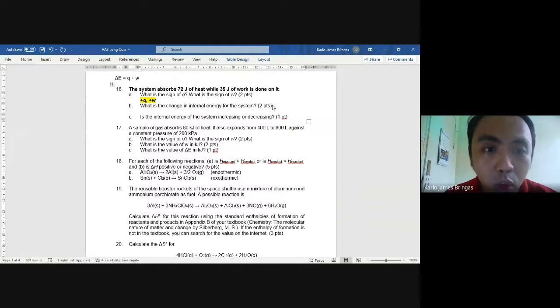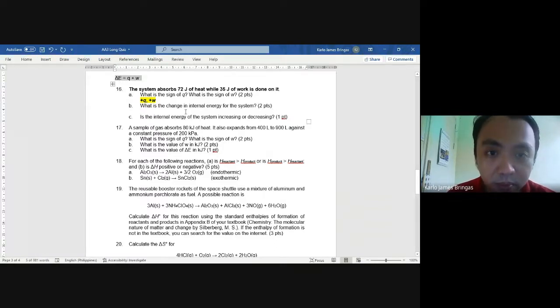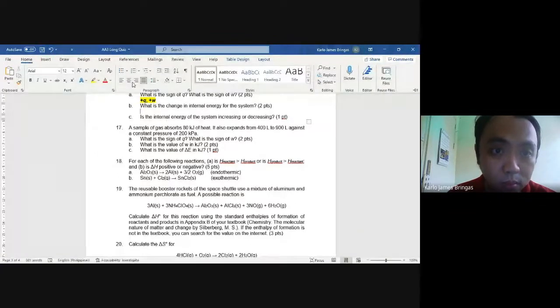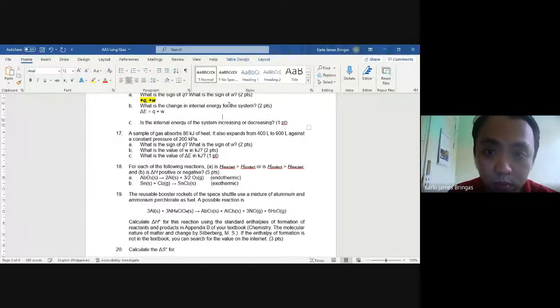So moving on to letter B. Can you please compute for me as well? What is the change in internal energy for the system? Let's use this equation over here.